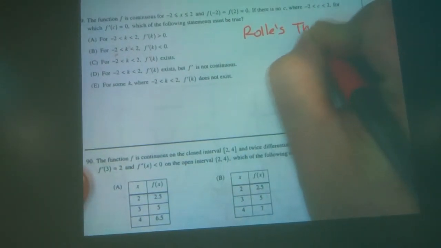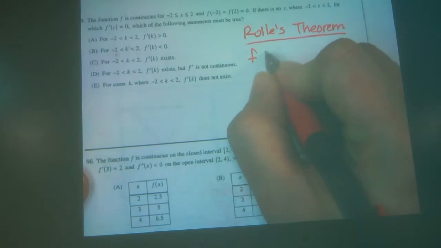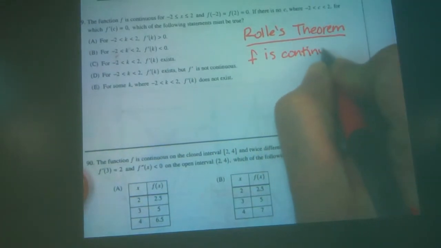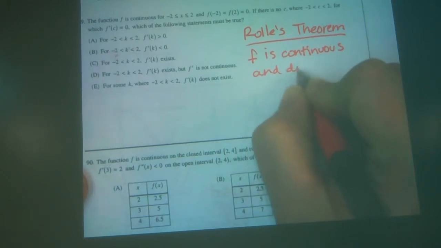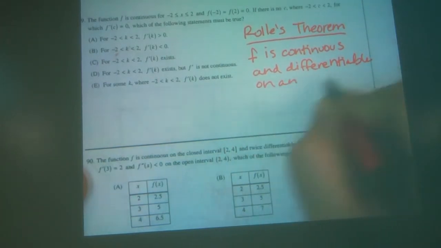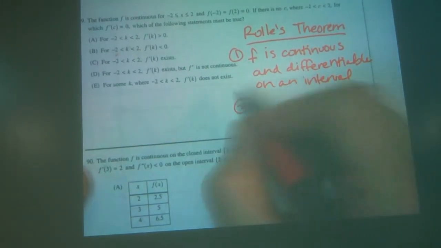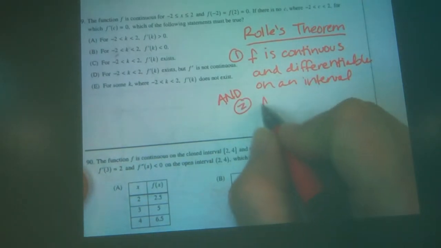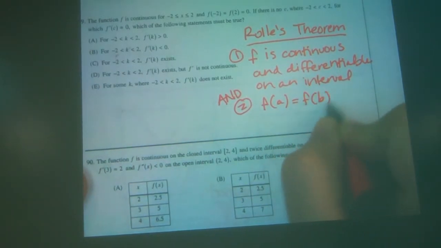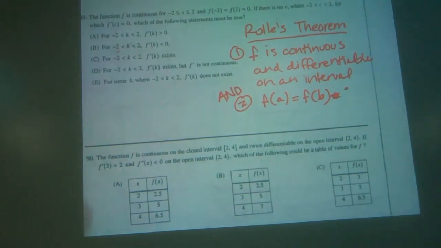Okay, so there was a theorem that we talked about called Rolle's theorem that said if you have a function that is continuous and differentiable on an interval, there were two requirements, that and the endpoints of the interval had the same values.